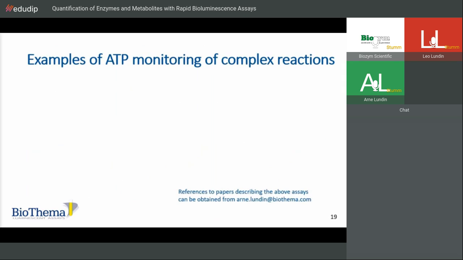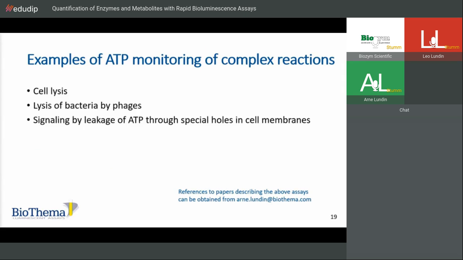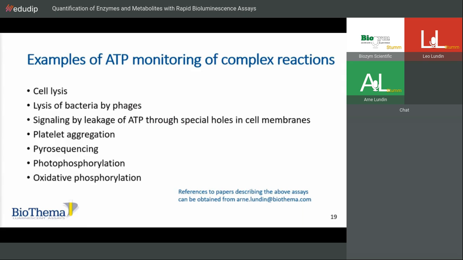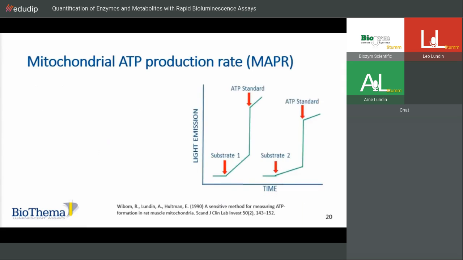Here are some examples of ATP monitoring of complex reactions. Cell lysis, lysis of bacteria by phages, signaling by leakage of ATP through special holes in cell membranes, platelet aggregation, pyrosequencing, photophosphorylation, oxidative phosphorylation.